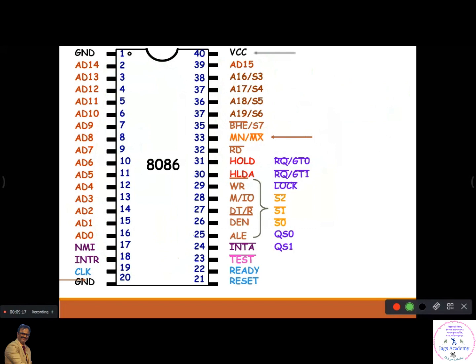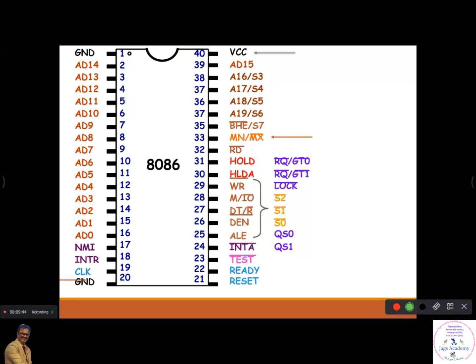This is what the actual 8086 microprocessor is. A microprocessor is a digital device. It's an integrated circuit, a hardware chip. It consists of various pins and does various operations. At present, what you know about the microprocessor is that it has 20 address lines and 16 data lines.